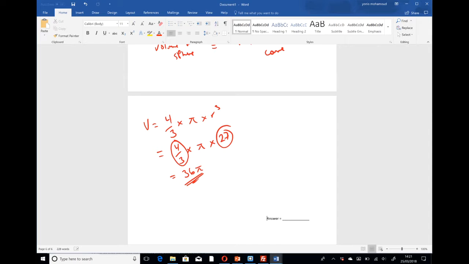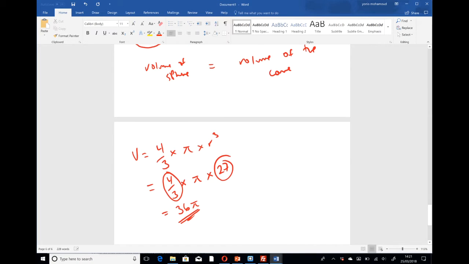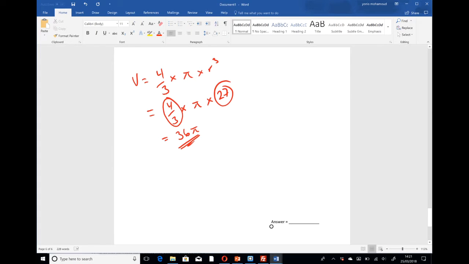Now that we know the volume of the sphere, and we made the assumption that it is equal to the volume of the cone, the volume of the cone, which is 1/3 times pi times r squared, should give you 36 pi.